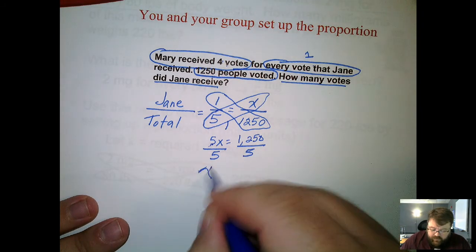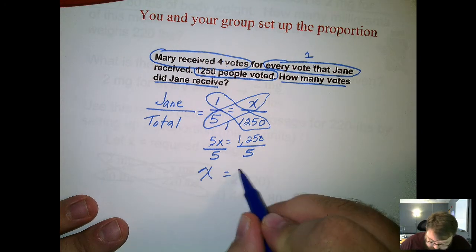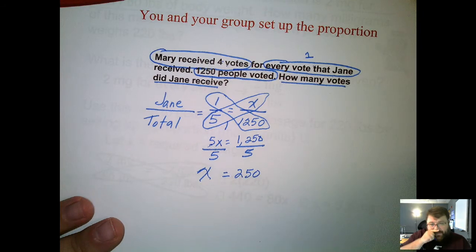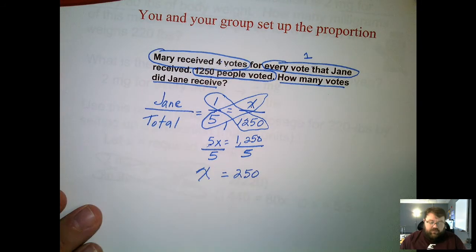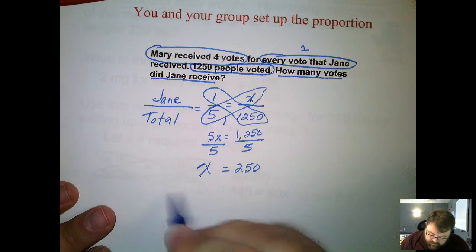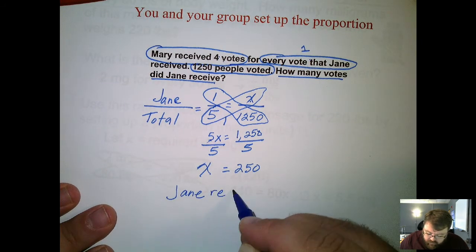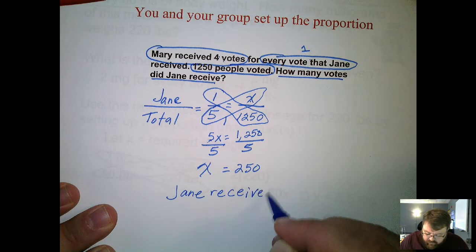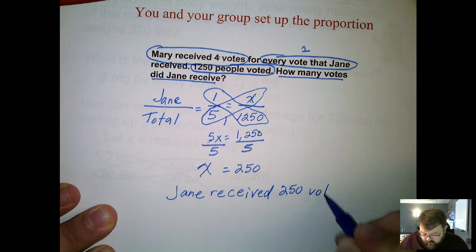So we have x equals 250. What does that mean? X is 250. So Jane received 250 votes.